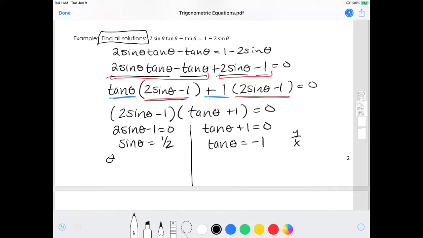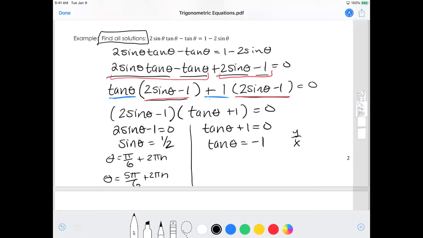That would be at theta is equal to pi over 6, and theta is equal to 5 pi over 6. Now, since the question is asking us to find all solutions, I need to add in the fact that we're doing multiples of 2 pi as well, because we want to keep going around the circle and land in the same spot and find all the possible solutions.